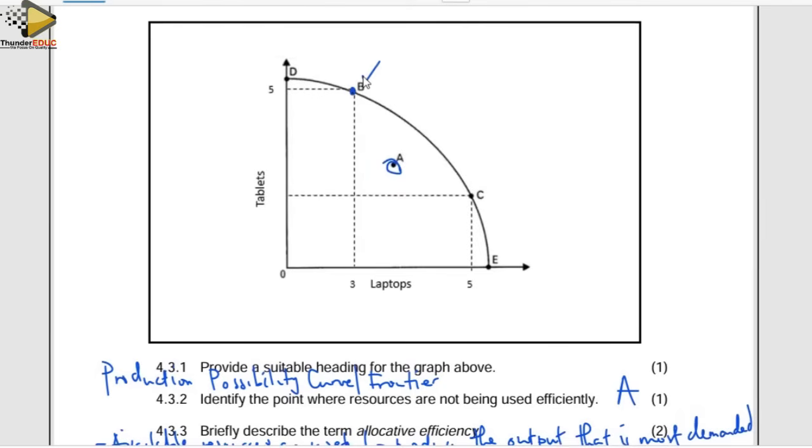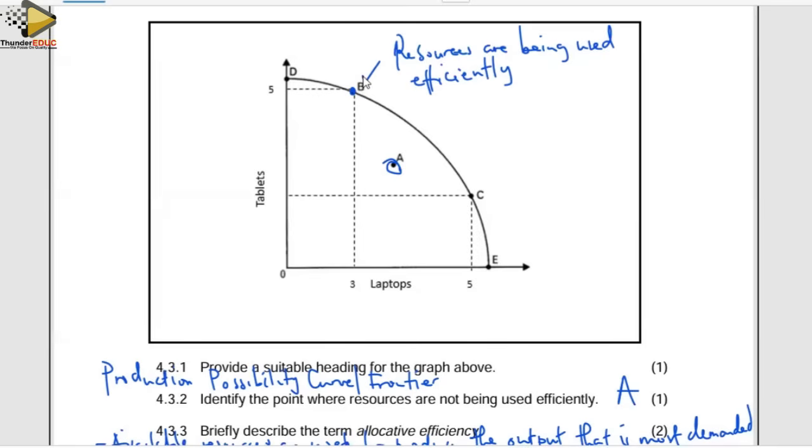That is point B. At point B, we are saying resources are being used efficiently, because we are producing along the PPC. Any point along the PPC shows that there is efficiency in production.